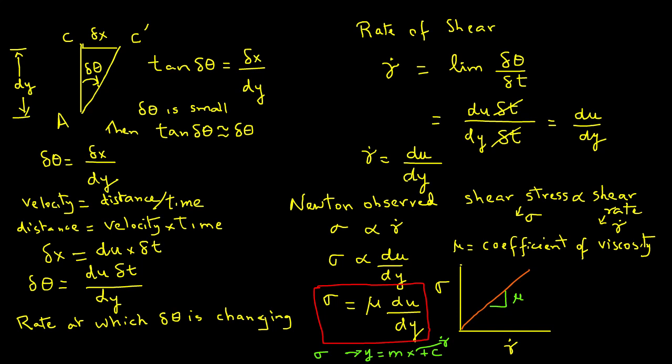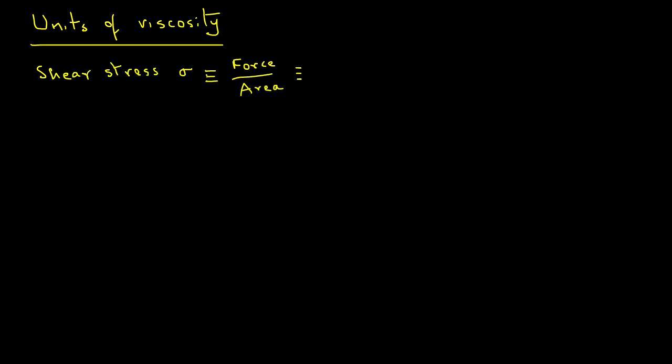So let's look at the units of viscosity. Remember that shear stress equals force per unit area, so it is Newton per square meter. We also call it Pascal. And the shear rate is du over dy. So the unit for du, which is velocity, is meter per second, and dy is the distance, so that's meters.